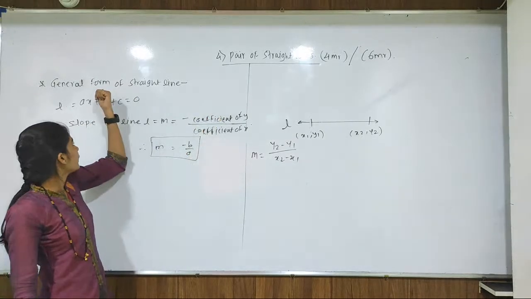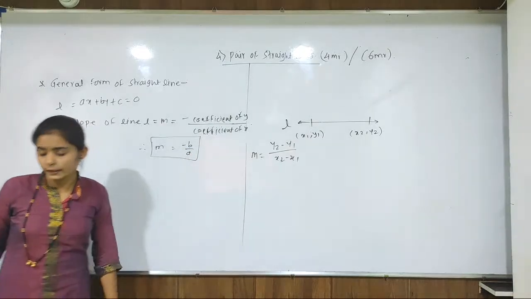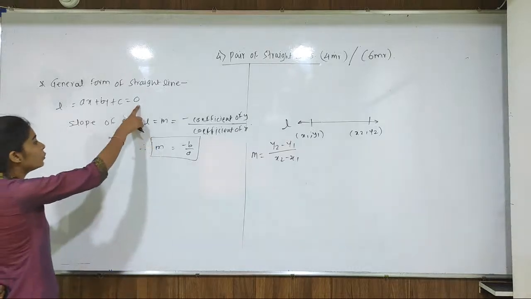Coefficient of y काय आहे? b and coefficient of x is a. So minus b upon a. आठवलं का सगळ्यांना? Yes, understood? What is general form? General form of the line is ax plus by plus c is equals to 0.